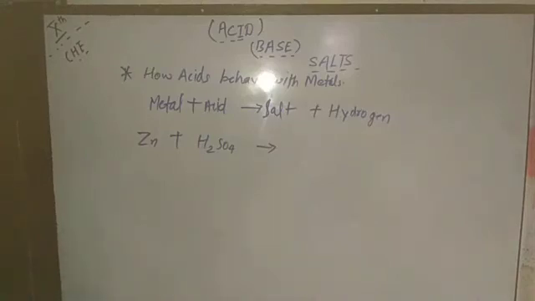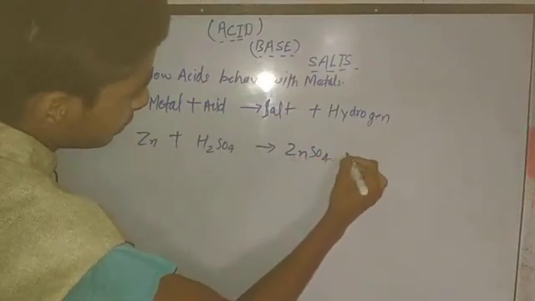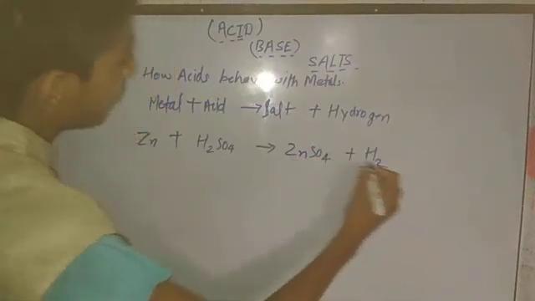We studied in class 10th chapter 1 how to balance this chemical reaction. Here H2 means 2 atoms, or 1 molecule of hydrogen contains 2 atoms, and SO4 means sulfuric acid. So it will react to give ZnSO4, zinc sulfate, plus H2 in the form of hydrogen gas.